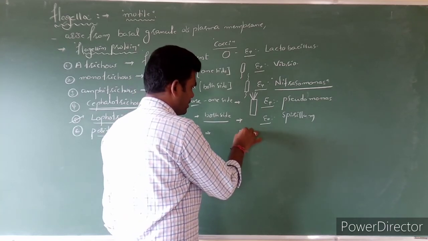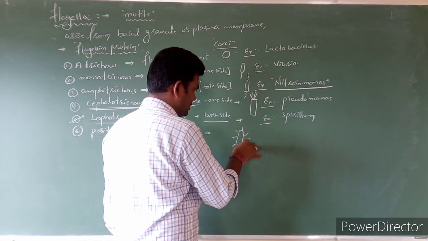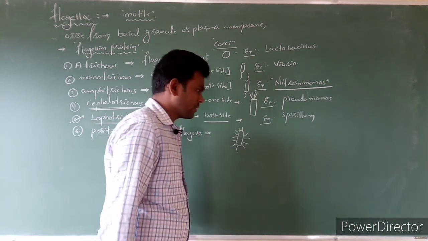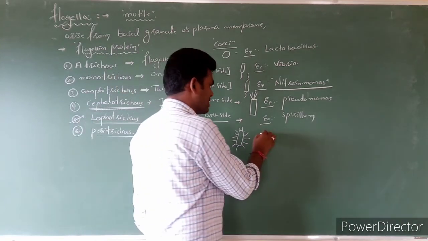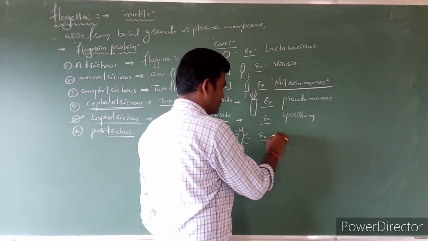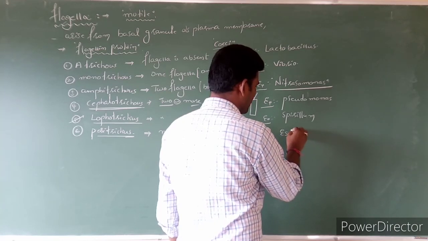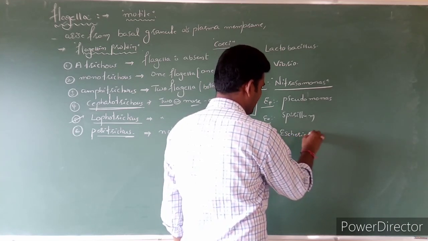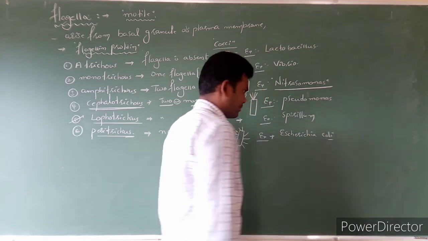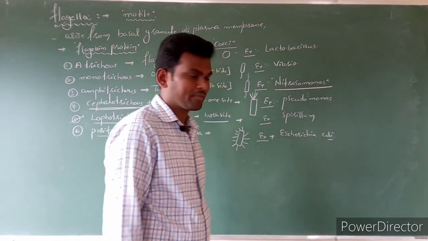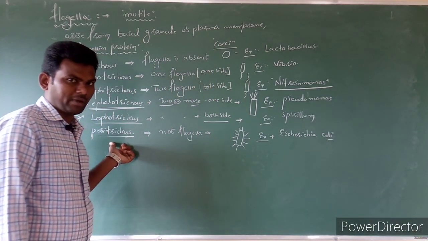Like this is a bacteria, and the complete bacterial surface contains flagella. This type is called Peritrichous type. Example is E. coli, Escherichia coli, genus and species. So this is actually the sixth type, Peritrichous type of bacteria.